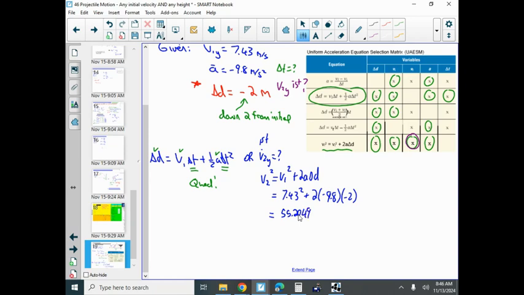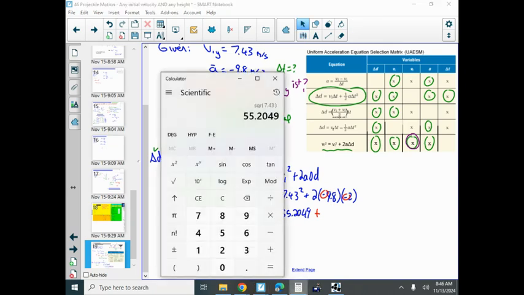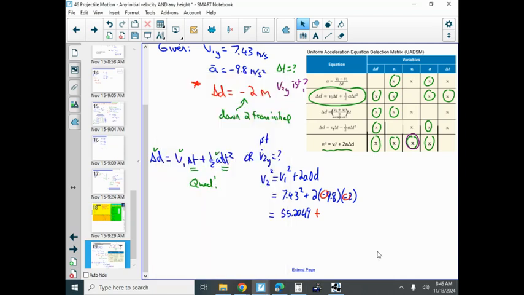And then we have two negatives, right? A negative and a negative, making a positive. So we have 2 times 9.8 times 2, or 4 times 9.8 if you wanted to save button strokes, 39.2.